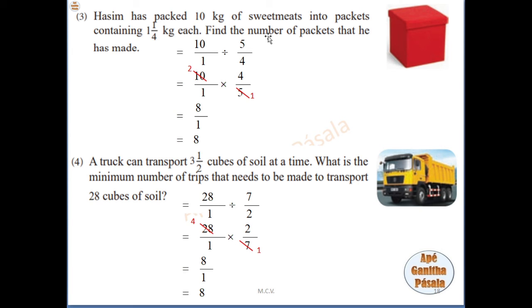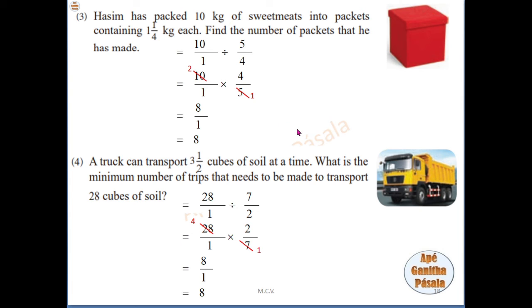I directly wrote 1 and 1/4 as an improper fraction. So 10 can be written as 10/1. 1 and 1/4 means 4 into 1, 4, 4 and 1, 5, 5/4. This is a division problem. Therefore, you can convert into a multiplication by getting the reciprocal of the right hand side. 5/4, 4/5.